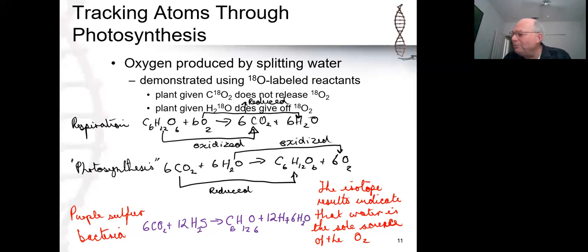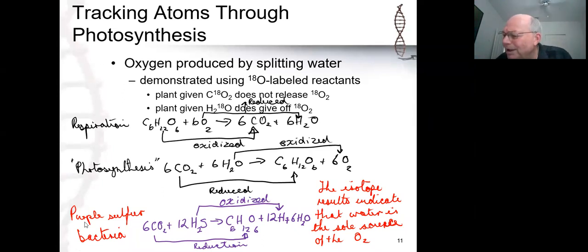So what Van Niel was able to show is that, yes, the carbon dioxide is reduced to glucose. So there's the reduction. The H2S is oxidized as the source of electrons to pure sulfur. I put an H in there, that's not correct. It should be S, it should be sulfur.